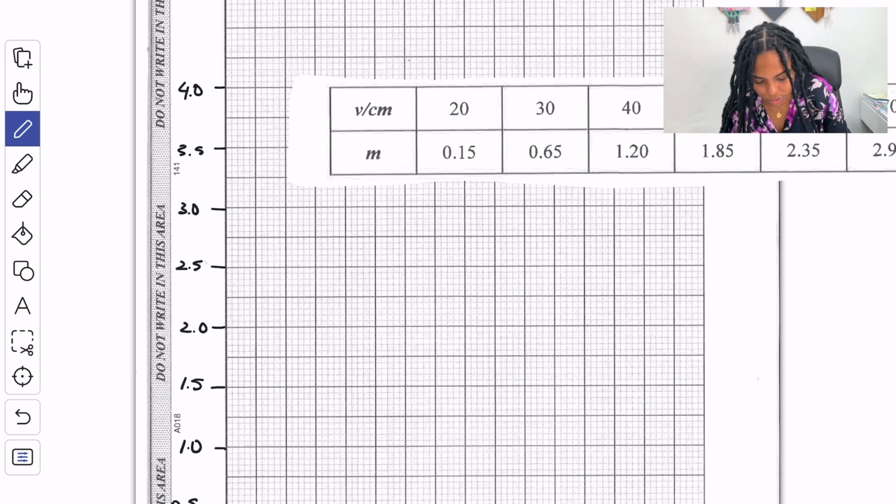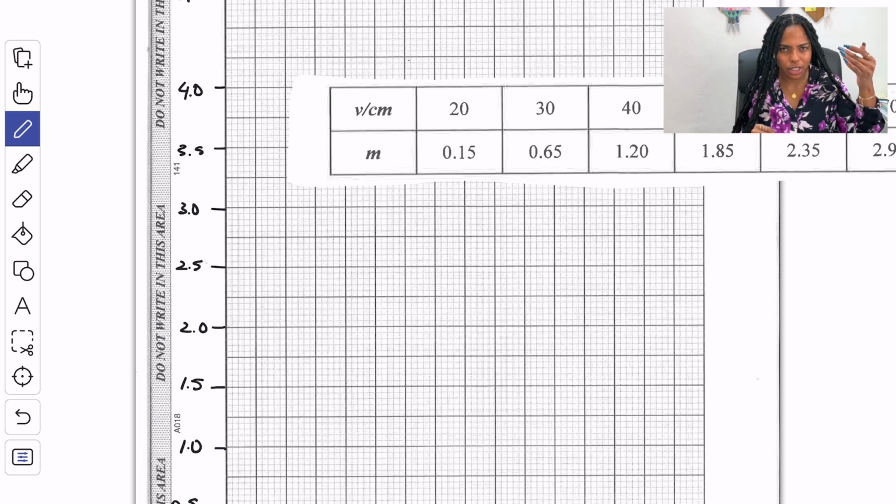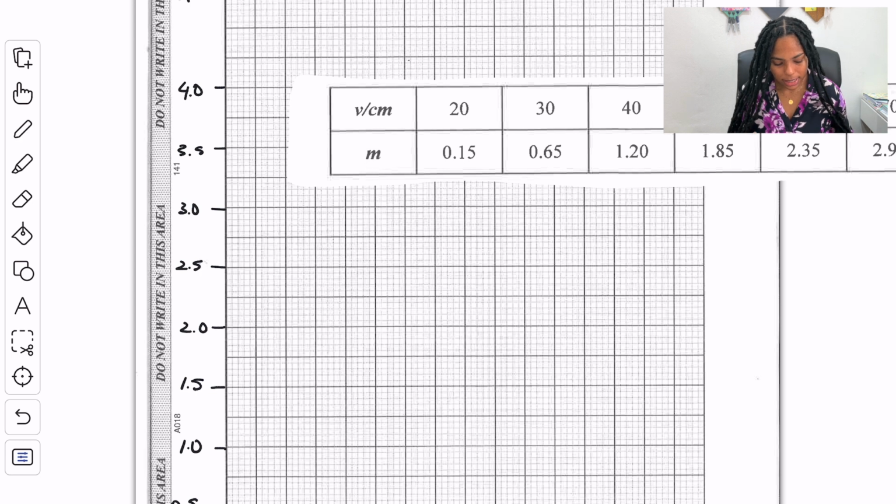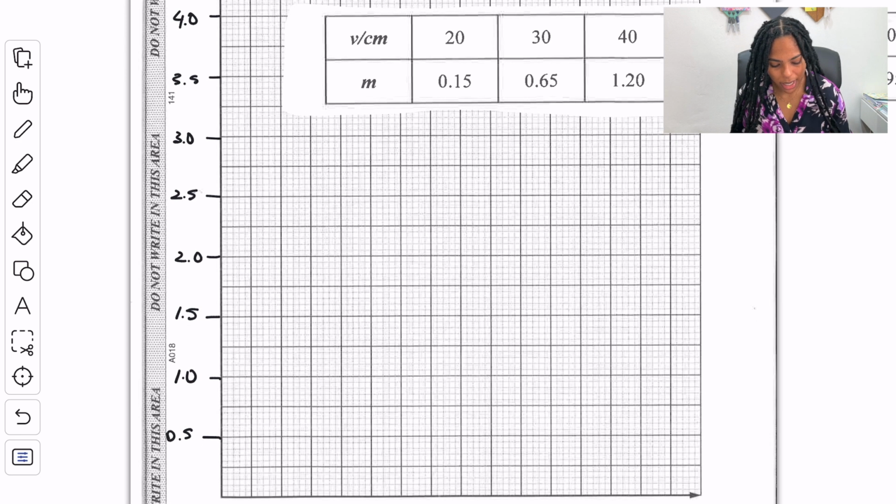So I'll put magnification. We know magnification has no unit because it's image distance over object distance, so the unit cancels, or image height over object height, so the unit cancels. Then they didn't tell us what to do on our x-axis, but based on the values, I'm just going to use tens.